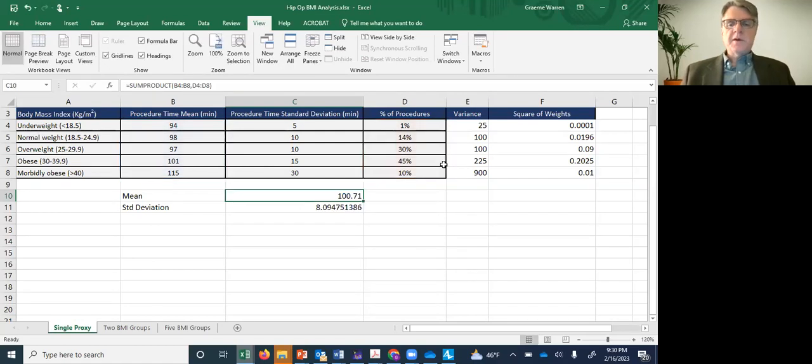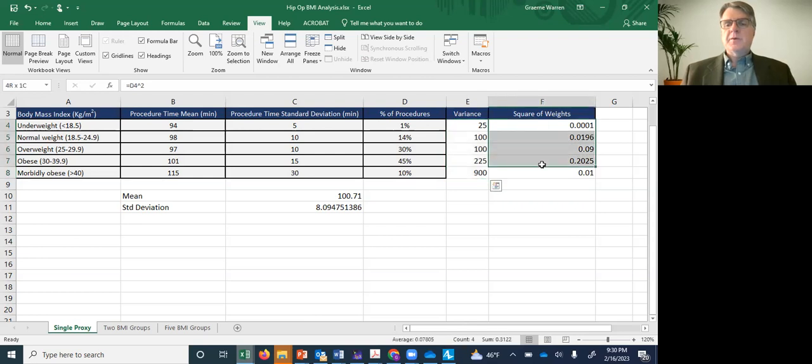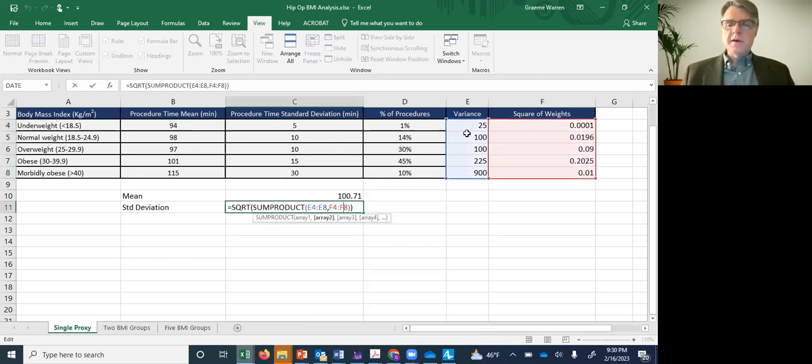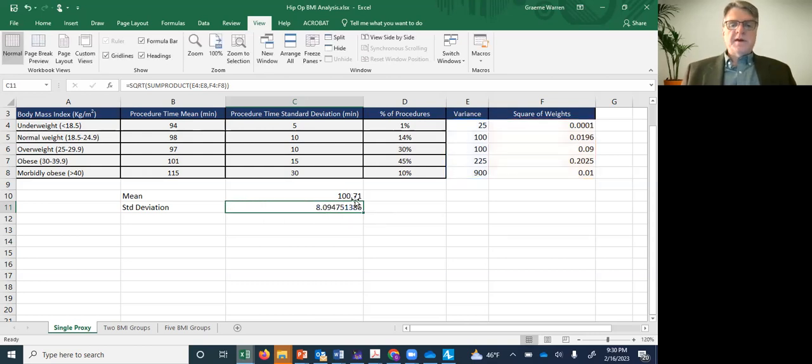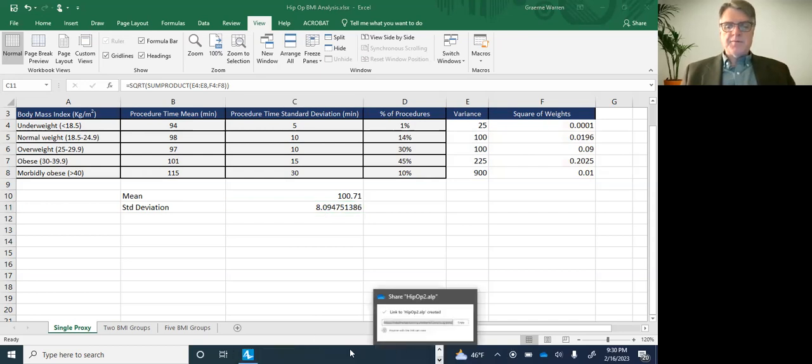Then to get the variance, I have to square the standard deviation, that's just the square of this column, and I also square the weights. Then I take the sum product of those 2, and I take the square root of that. So that motivates the 100.71 and the 8.09 that I have in my simulation model.